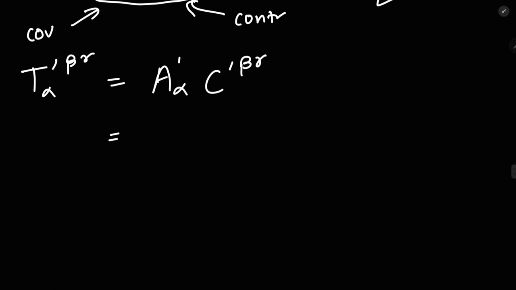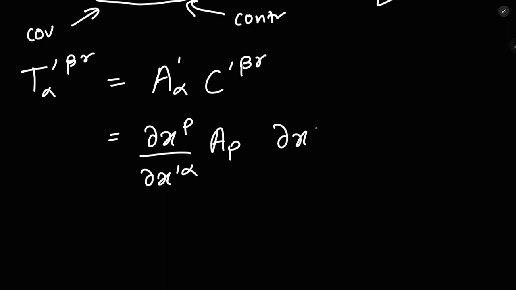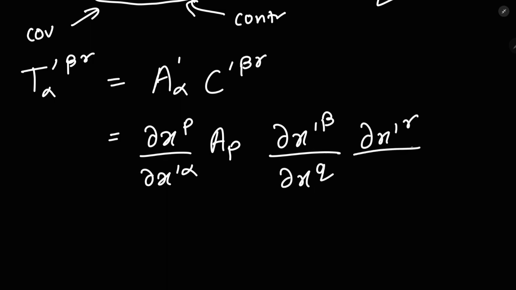A prime of alpha will be del x p upon del x prime alpha, A p, transforming covariantly with respect to alpha, and C prime beta gamma will be del x prime beta upon del x q, del x prime gamma upon del x r, C q r, transforming contravariantly with respect to beta and gamma here.